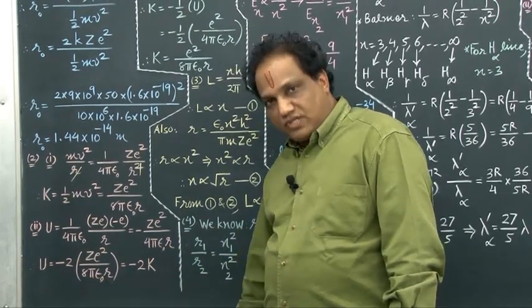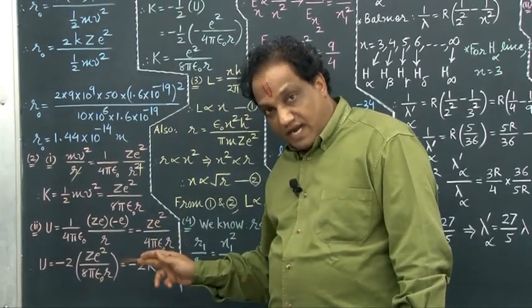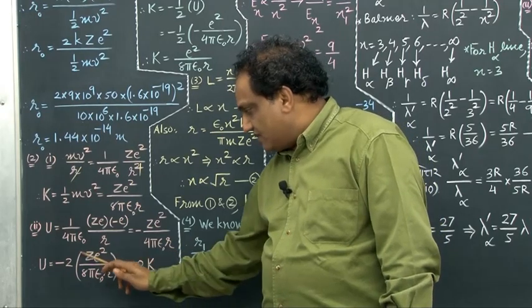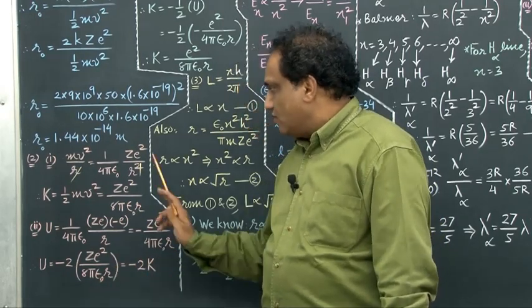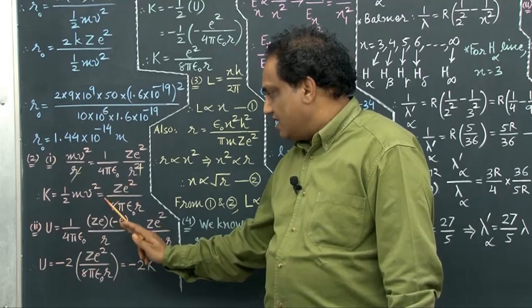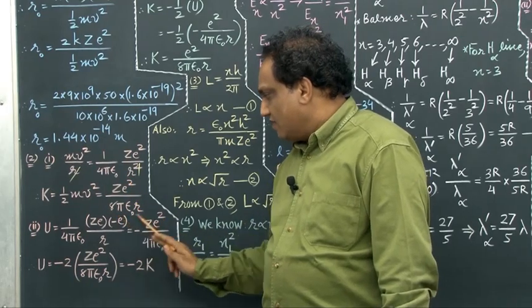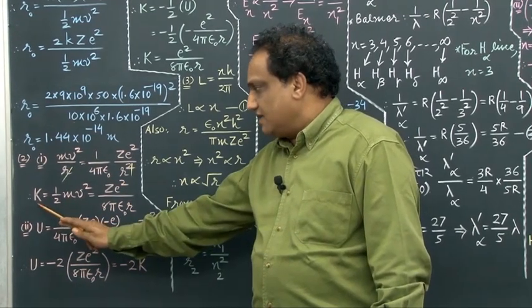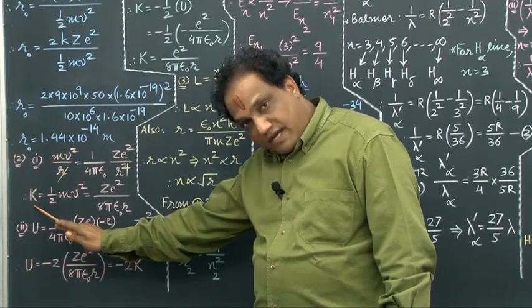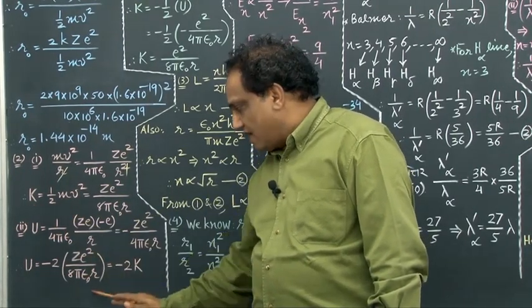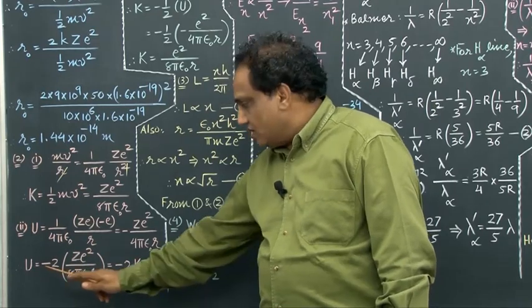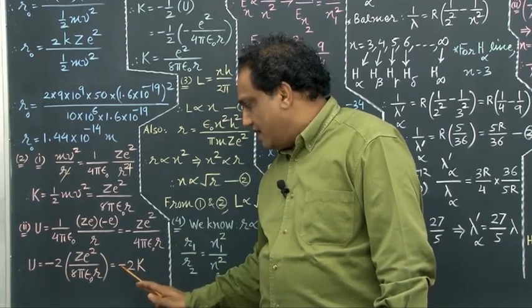Correct? You must have come to know why I did like that, because in place of Z E square upon 8 pi epsilon 0 r, we can write kinetic energy, that is capital K, correct?